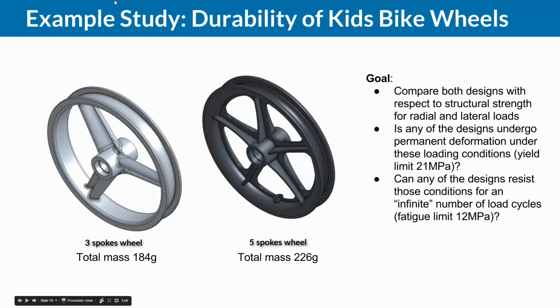So let's do an example to really see what we're talking about. This is an actual case that is also a public project on SimScale. The case is as follows. We have two different possible designs of a wheel for a kid's bike. One has 5 spokes.